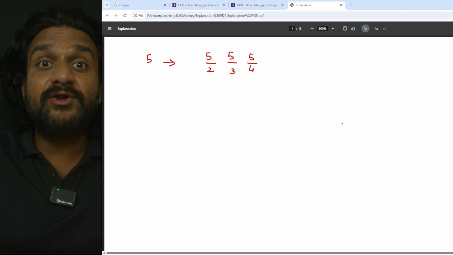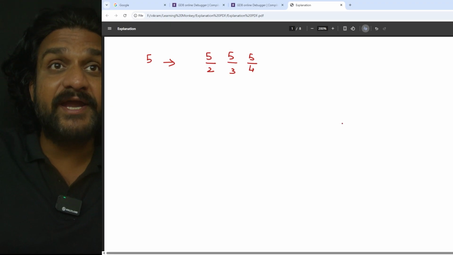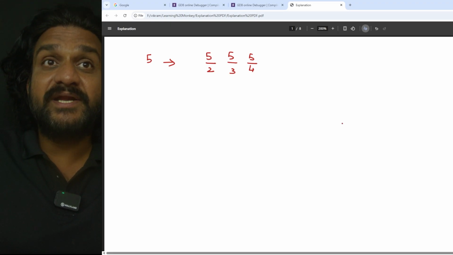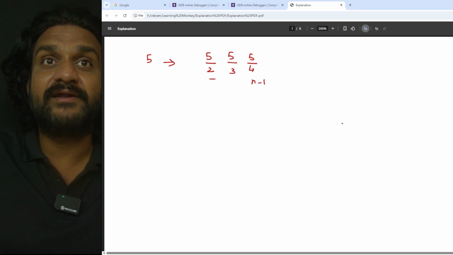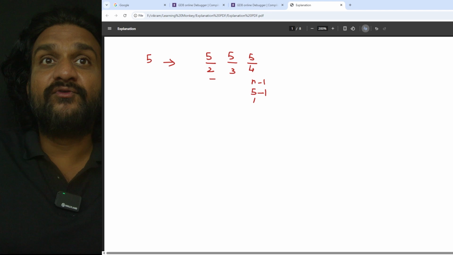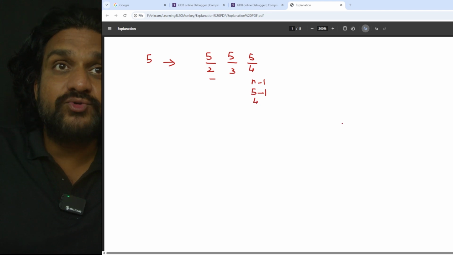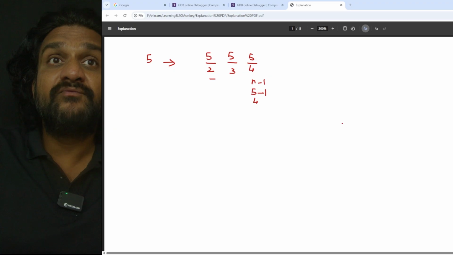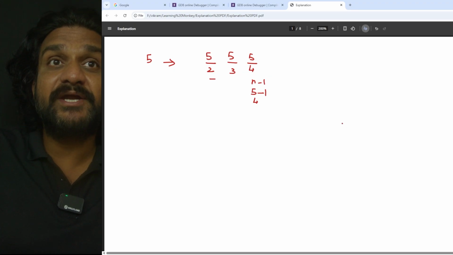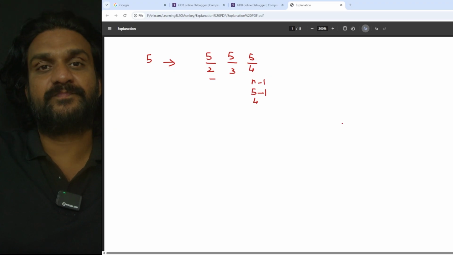So we are going to avoid those cases and find whether the given number is divisible starting from 2 to n minus 1. Here n is 5 and n minus 1 is 4. So we start from 2 and go till 4, and every time we divide the given number by 2, 3, 4.